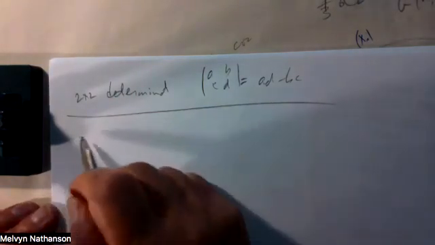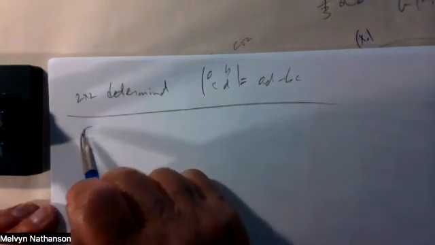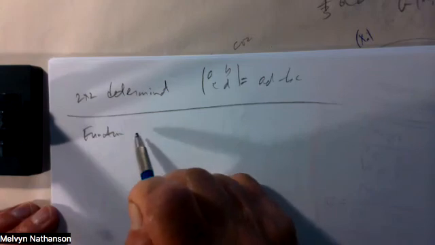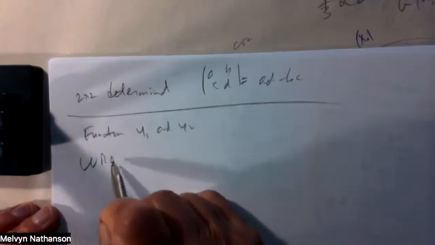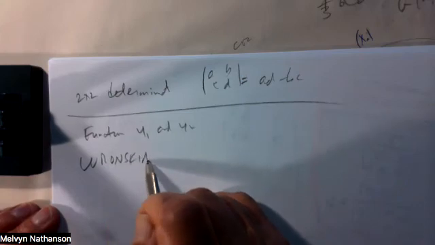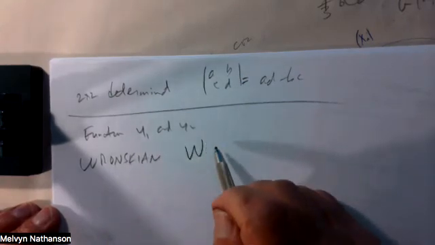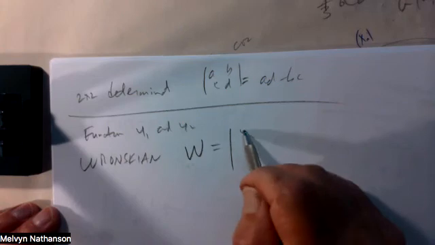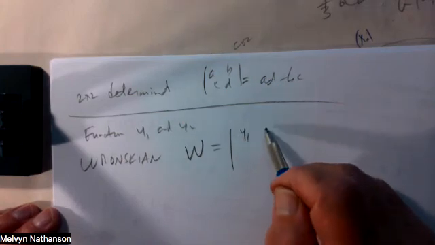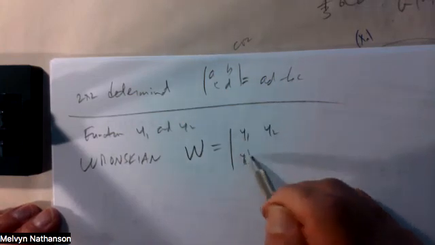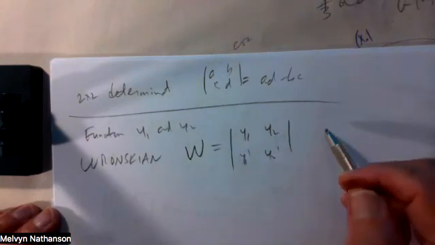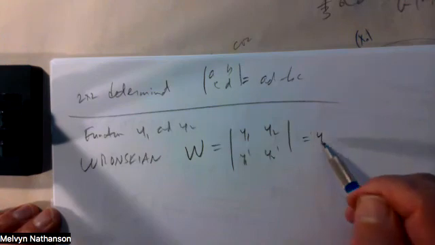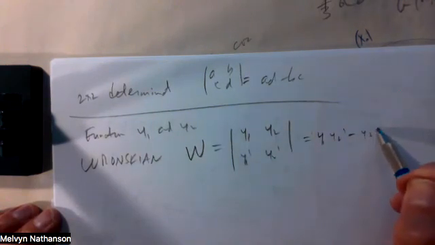That's the notation. So if you have functions that are differentiable, y1 and y2, from them we define the Wronskian W, which is the determinant of y1, y2, y1 prime, y2 prime. So this is y1 y2 prime minus y2 y1 prime. It's a function of x.